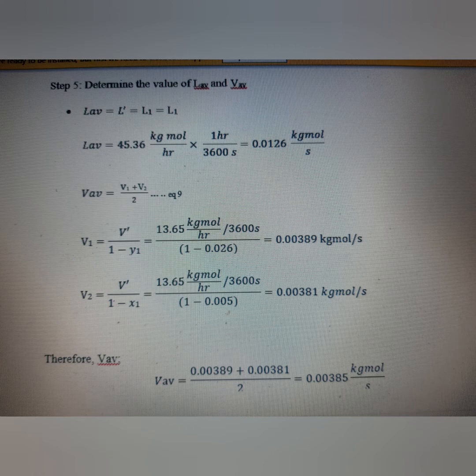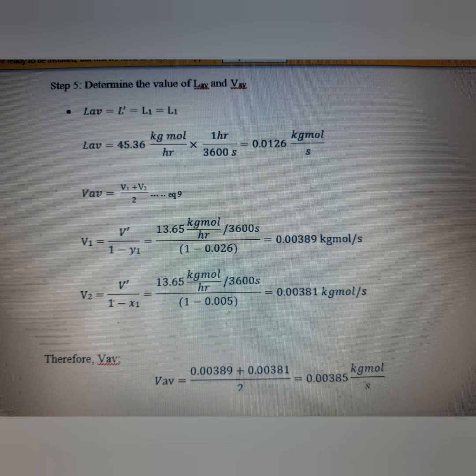To find the value of V average, you need to use the equation V average equals V1 plus V2 divided by 2. For V1, we need to use the equation V prime divided by 1 minus Y1, which gives the value of 0.00389 kg mole per second.